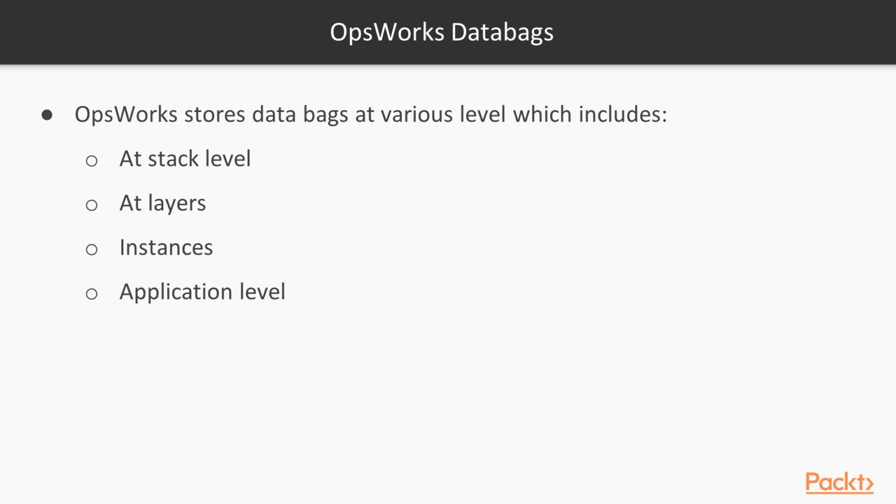We already looked into how default.rb calls aws_opsworks and gets the values, which are basically the data bag specific values. One last important part to remember is that data bags are stored as part of a JSON object, so it is a JSON specific field.